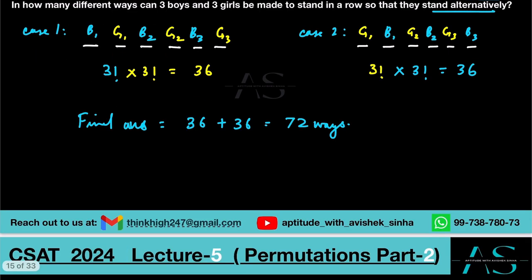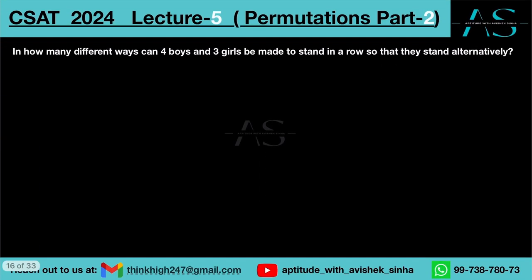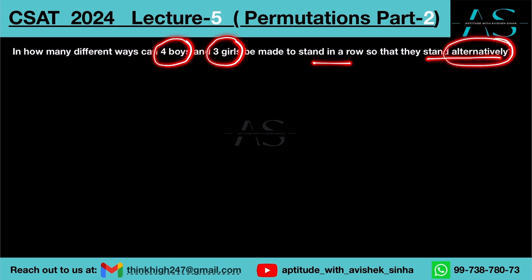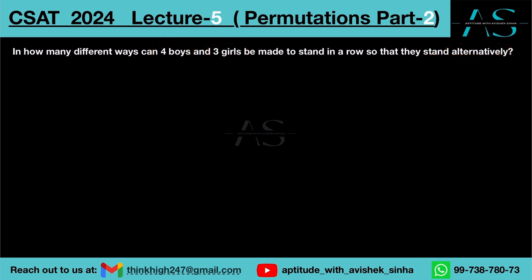Okay, let's look at a few variations in the question. How many different ways can 4 boys and 3 girls be made to stand in a row? But there is a catch, they are standing alternately. Now the numbers are not the same, they are not equal.